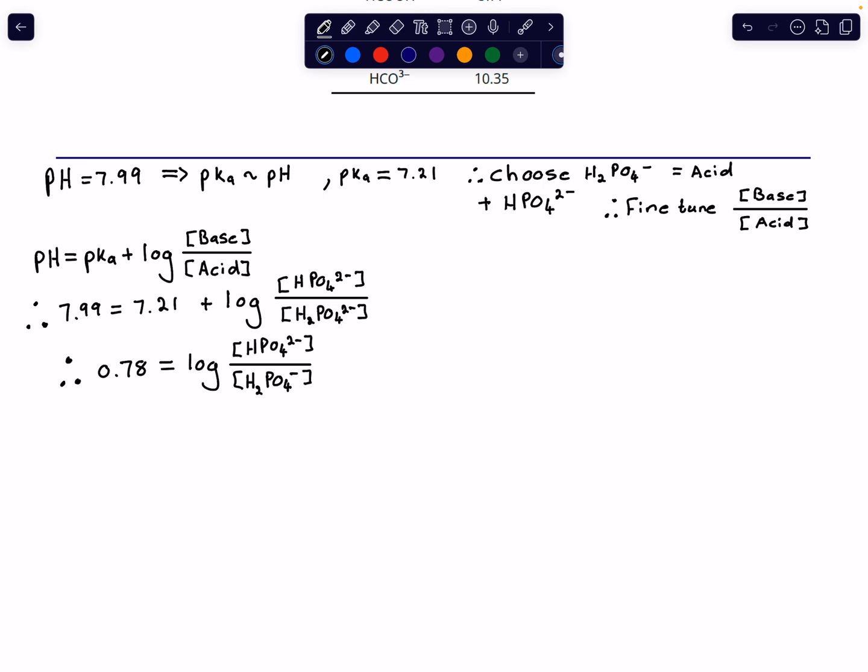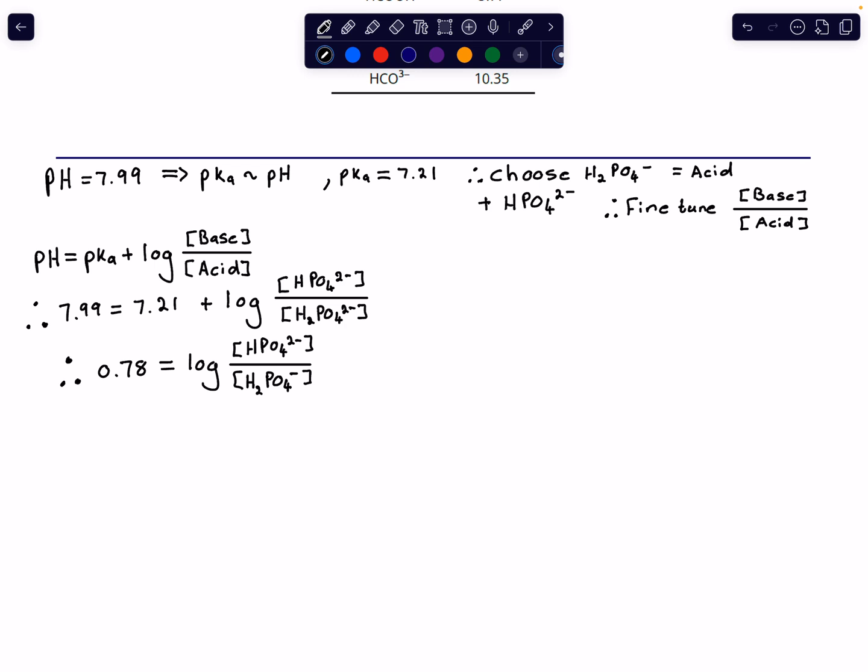We essentially want to make up for that discrepancy of 0.78 by fine-tuning exactly what the ratio of those two concentrations must be. That's what the Henderson-Hasselbalch equation implies.